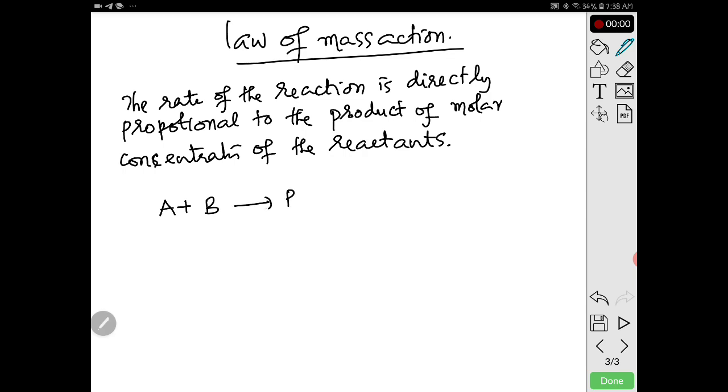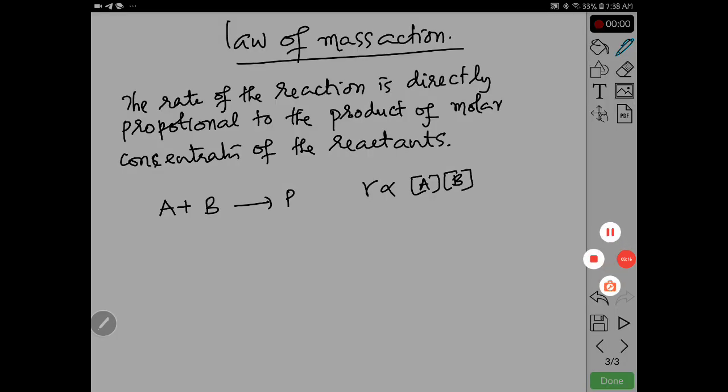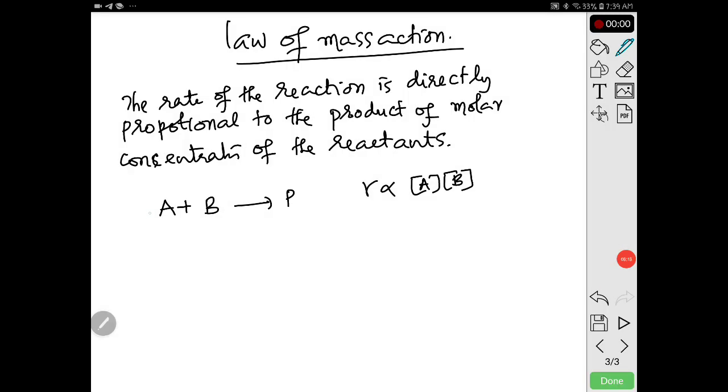Then the rate is directly proportional to the product of the molar concentration of A and the molar concentration of B. Suppose a moles of A react with b moles of B to give the product, then the rate is directly proportional to [A] raised to a and [B] raised to b.